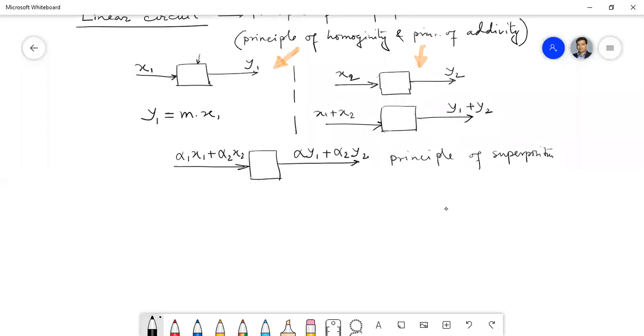The next sentence is: the response at any point of that circuit can be determined by adding the responses of individual sources.